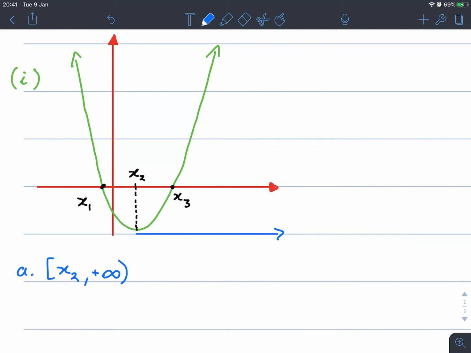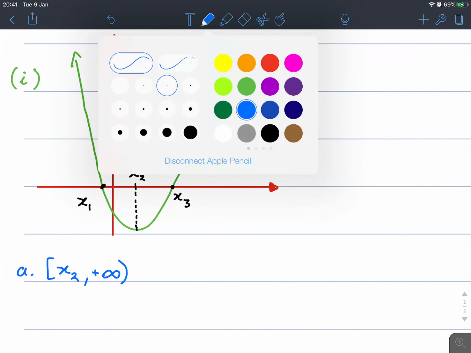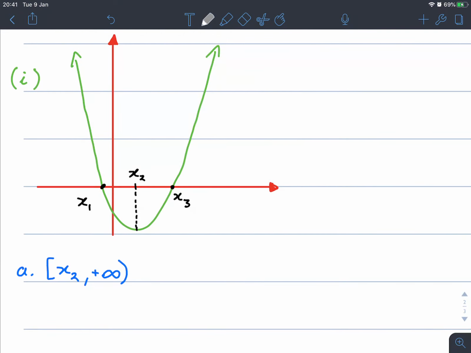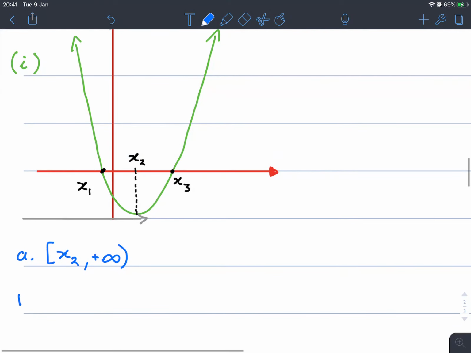It's always going up. Now take a look for the decreasing part. Notice how if we start at this point here and move along as x increases, the graph is going downwards. So it is decreasing. It is decreasing from negative infinity until it hits this point here, at x2.